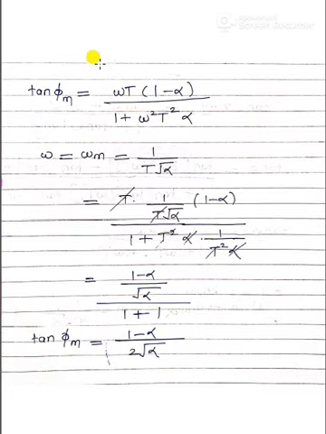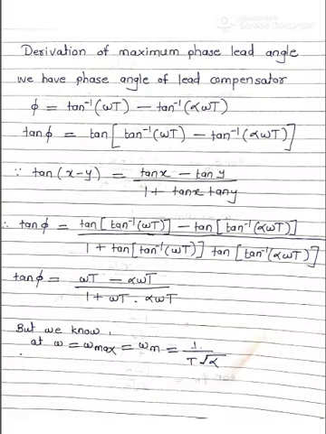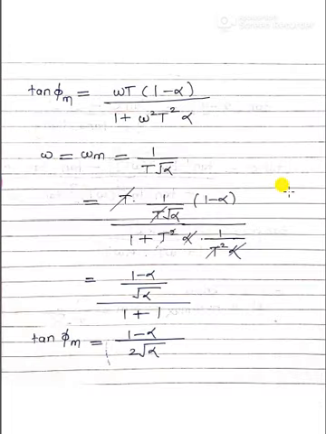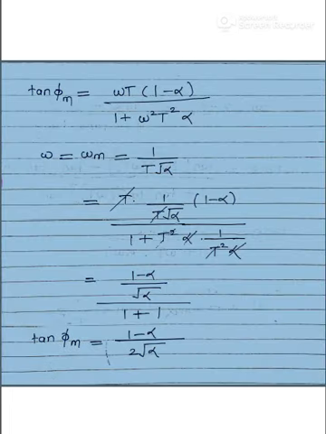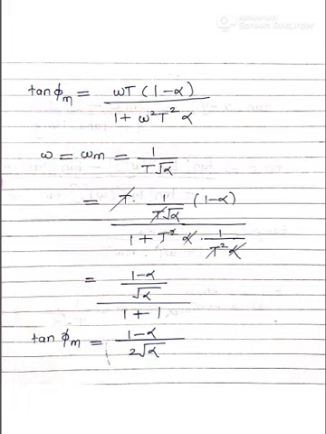So tan phi m is equal to omega T (1 minus alpha) upon (1 plus omega square T square alpha), with omega equal to omega m, which is 1 upon T root alpha. Substituting the omega m value everywhere and doing this calculation, we get tan phi m equal to (1 minus alpha) upon 2 root alpha.